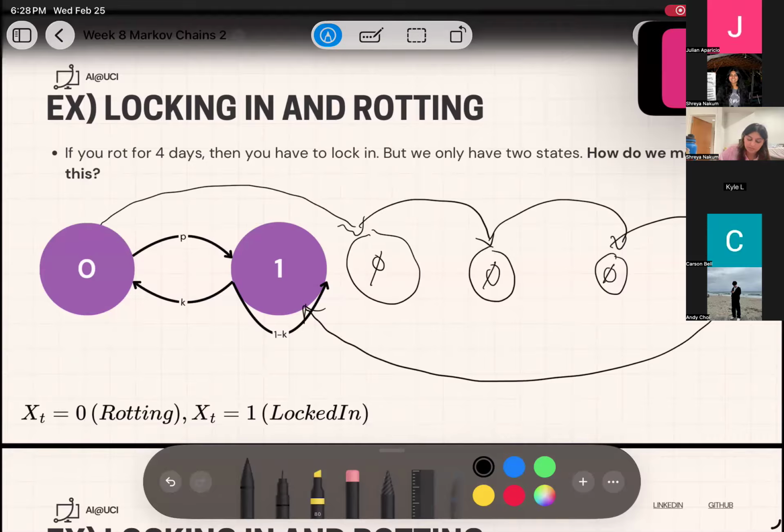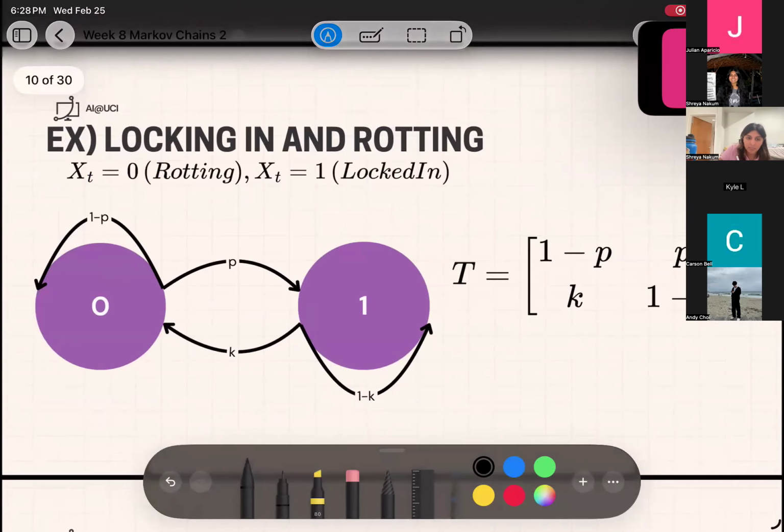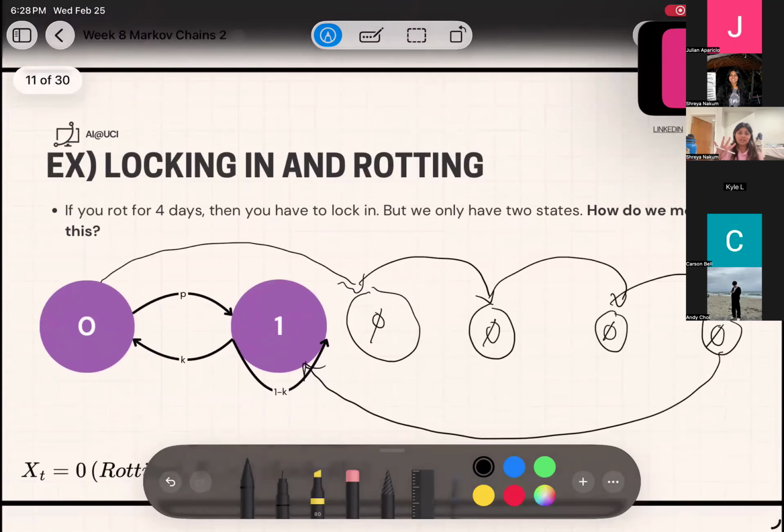Yeah, that's right. So basically, remember how earlier we had a probability that we just went to ourselves at 1 minus p? If we're saying 4 straight days, that means that when we have the probability of rotting again at 1 minus p, then we need to have some sort of counter. We need to go to another state that tells us which day of rotting we're on.